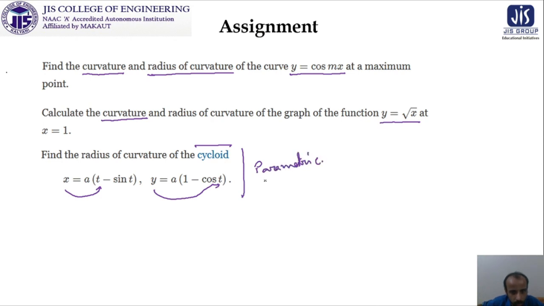If you are not thinking of this classification from the very beginning of the problem, then it is not possible for you to find the curvature smoothly. You will have some hindrances, then you have to come back and follow. But before starting the calculation, please identify this classification, then proceed with the problems.